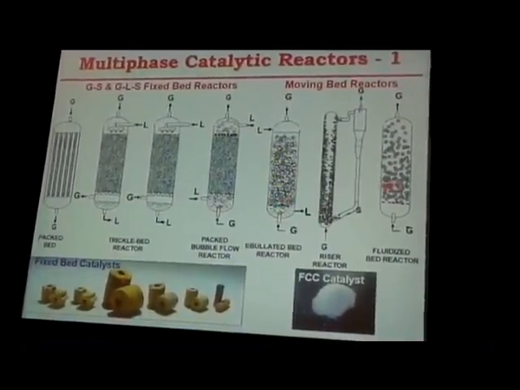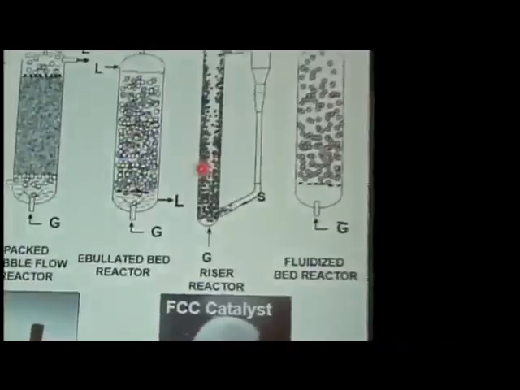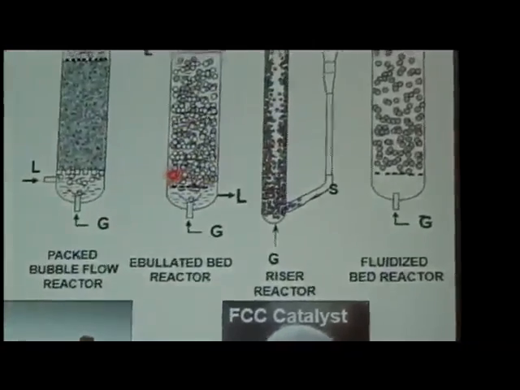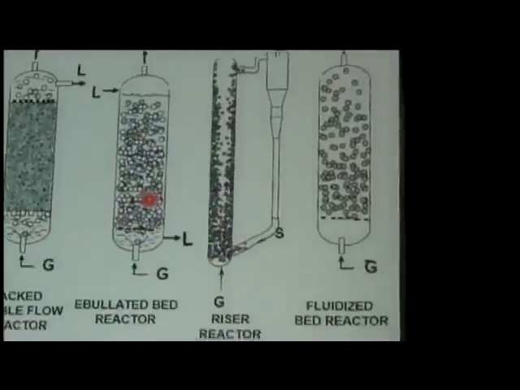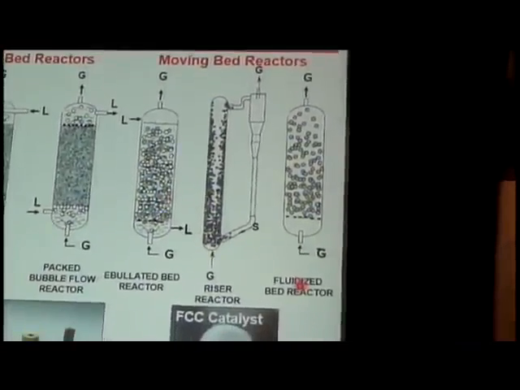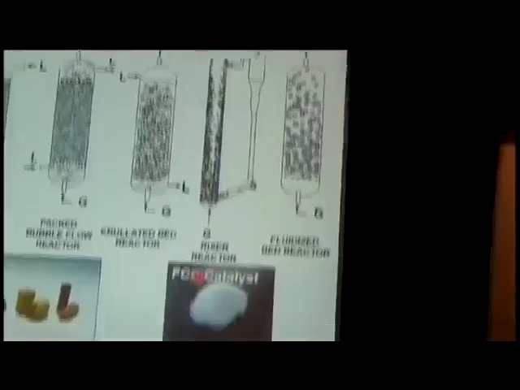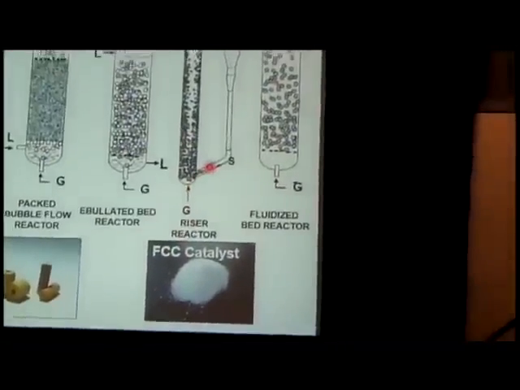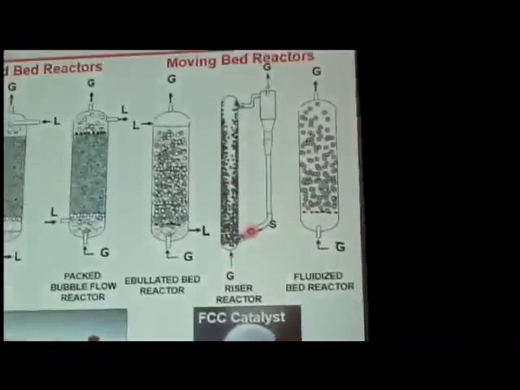Now, we look at moving bed reactors. These are things like ebullated beds, larger particles, not quite as big as the ones used in fixed beds, but large enough to be fluidized, which might be used in something like a hydrocracking type of operation, or a riser reactor, which is used either in chemical processing or, of course, in petroleum refining.